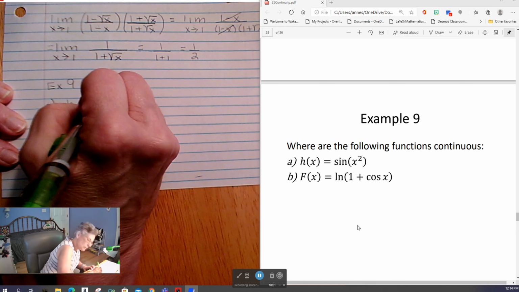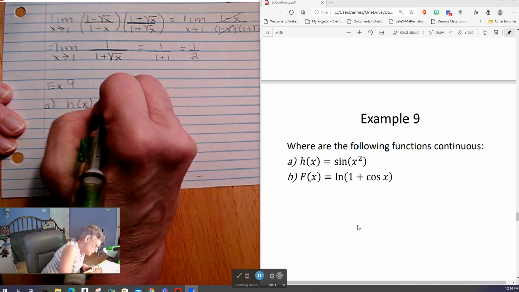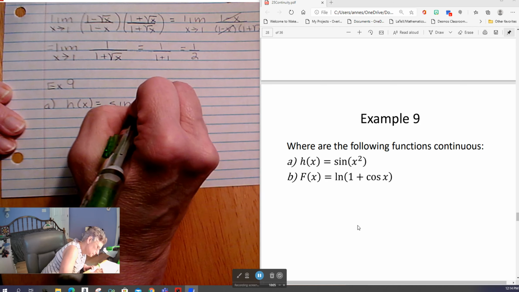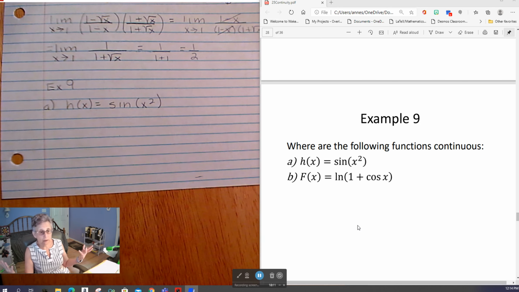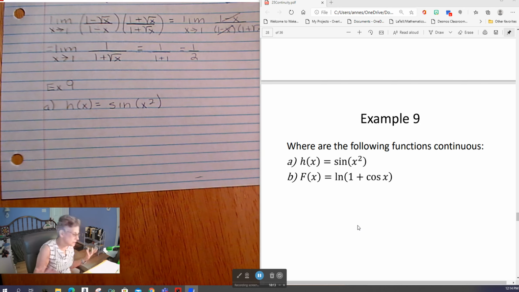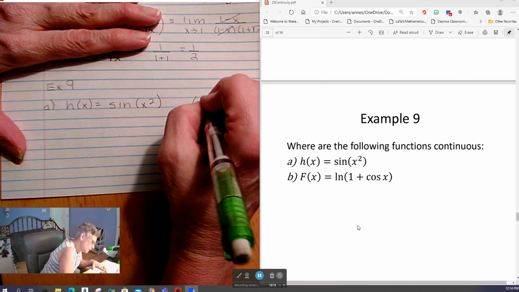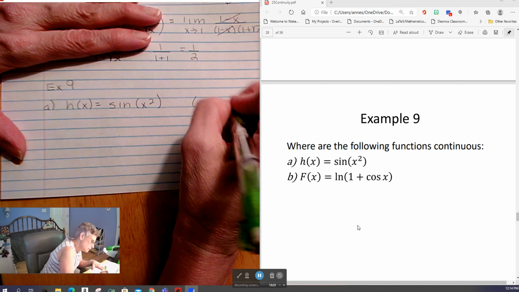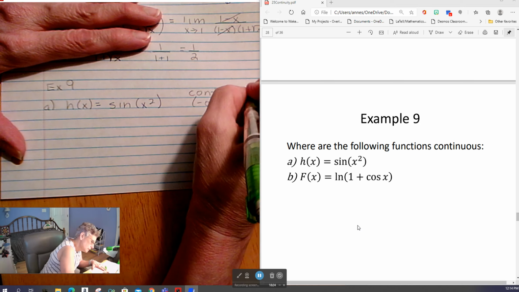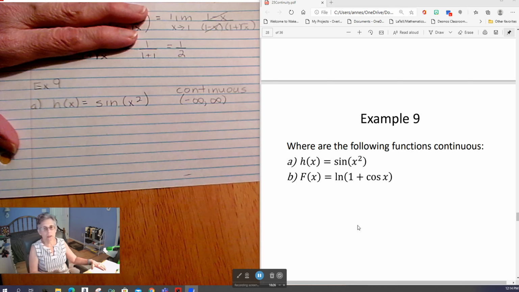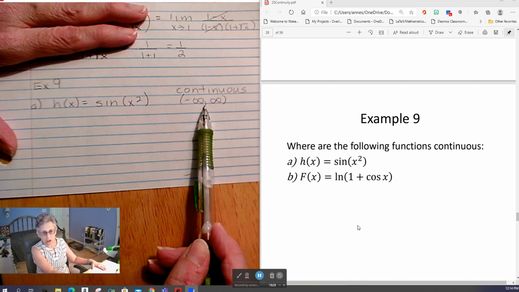Sine of x squared. So where is x squared continuous? Everywhere. Where is sine continuous? Everywhere. So this one is continuous everywhere. Math language for everywhere.